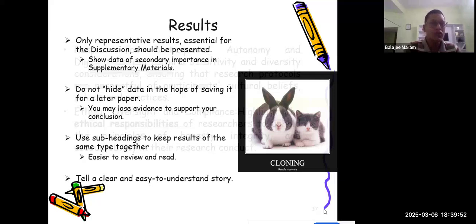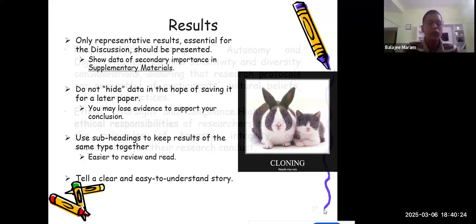Maybe the count is good, but that is unethical because all 20 metrics are related to a single problem definition. So when all metrics are strongly bound to a single problem definition, definitely we should present the results of all 20 metrics in a single paper only. Maybe the single paper is 20 pages, 30 pages, 40 pages, or 50 pages, whatever it may be. All metrics should be available in a single paper.